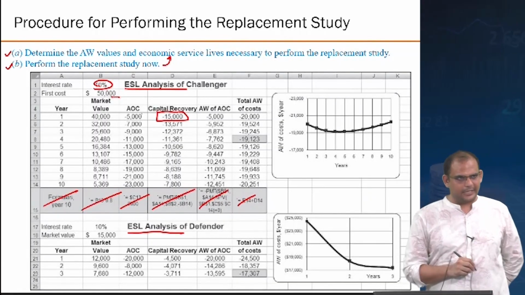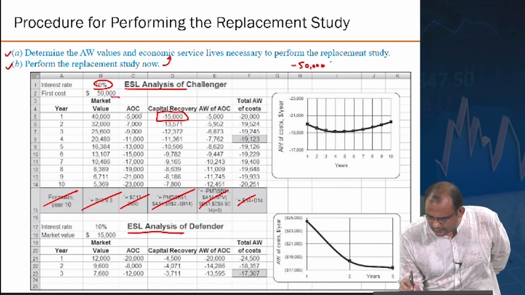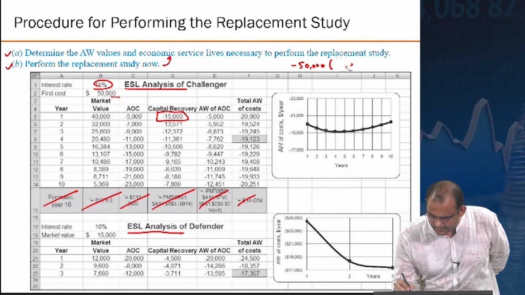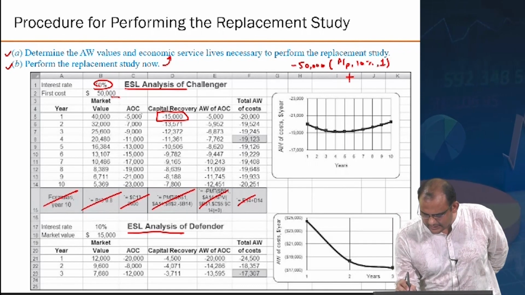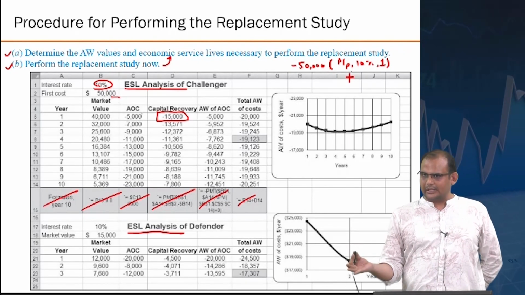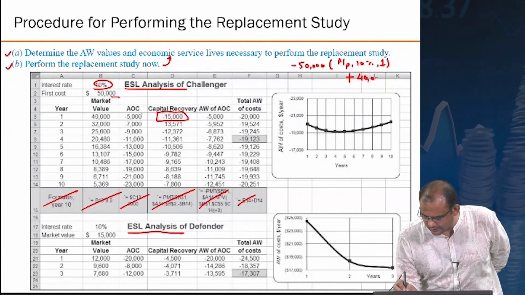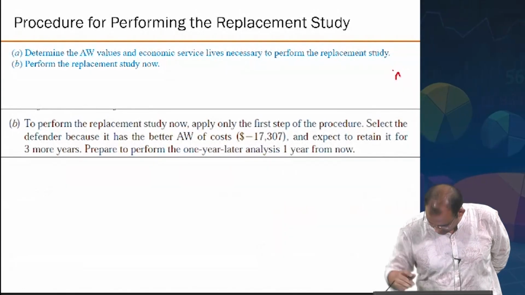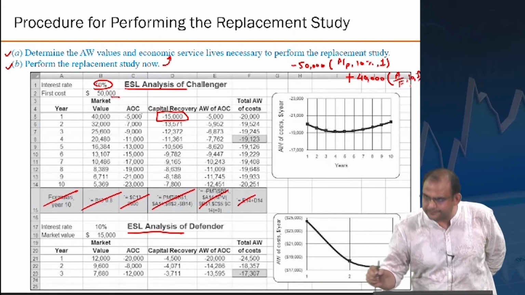For year 1, the capital recovery factor would be minus 50,000 times A by P, 10%, 1, plus the salvage value at the end of year 1, which is the market value at the end of year 1, which is 40,000, times A by F, 10%, 1.